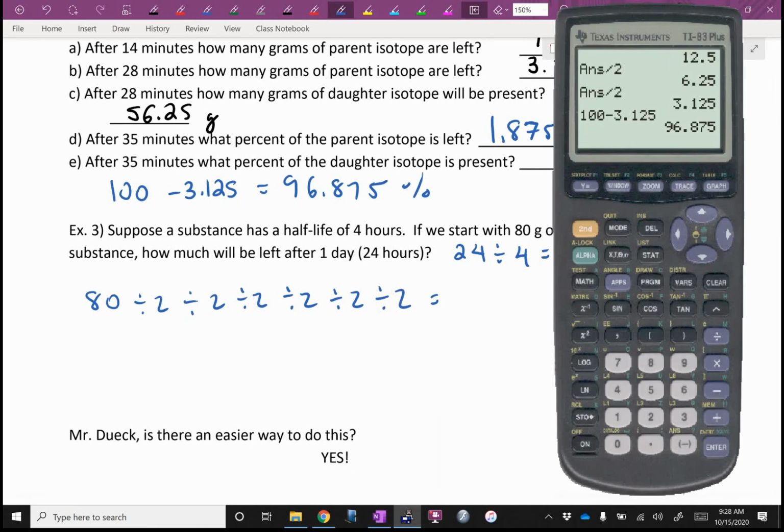On my calculator, I'll count 80 divided by 2 once, twice, 3, 4, 5, 6. And you can make a little list or you can count on your fingers or whatever. I'm not going to ask you to do like 40 half-lives. I'm going to ask you to do 3 or 4 or 5 or 6 at the most. Okay? How much is left, Mesa?